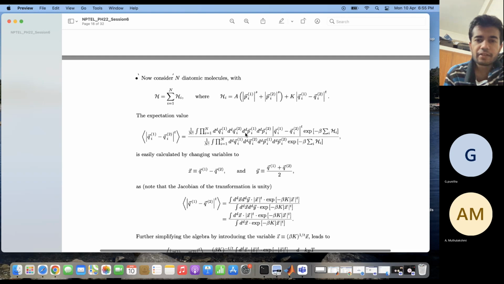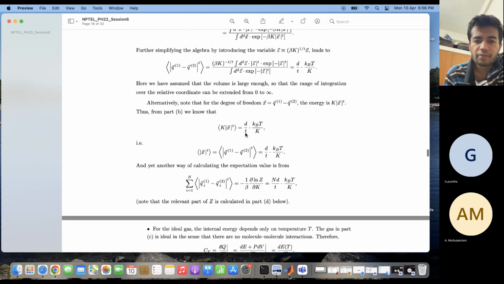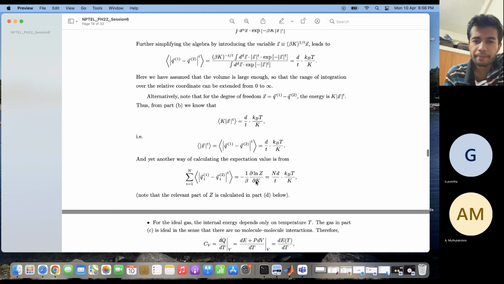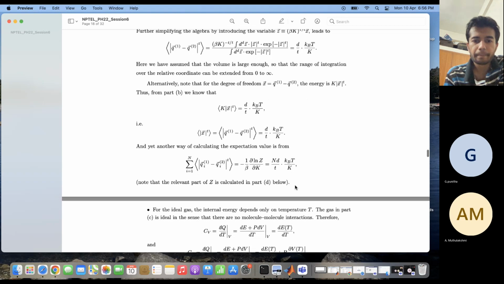If I take the derivative of the log of the partition function with respect to beta k, then this quantity directly follows from that. You see that this will also yield the same expression with a factor of N, because I'm summing over i equal to 1 to capital N. So this is N d by t into k_B T by k.